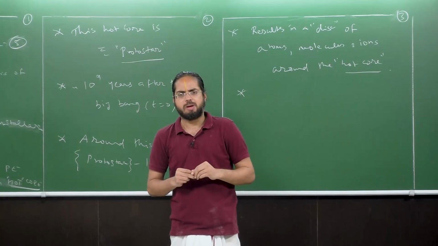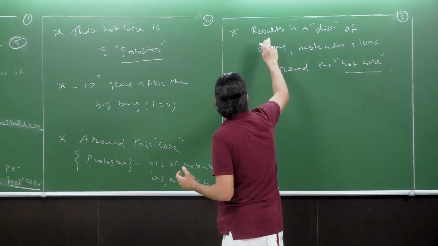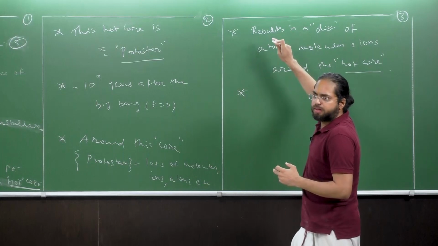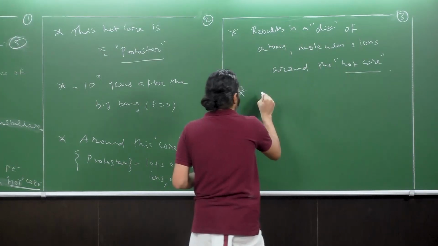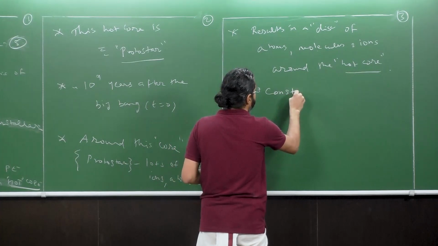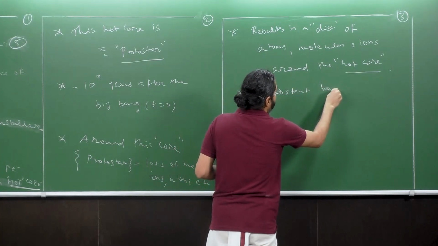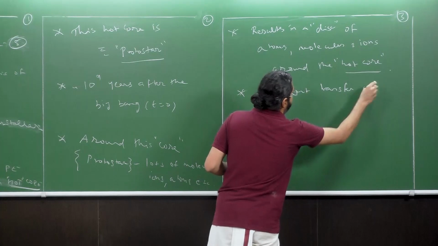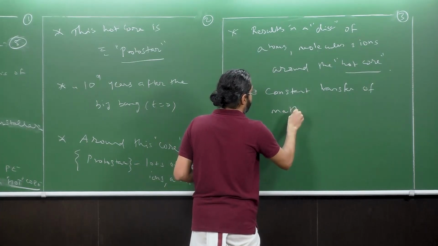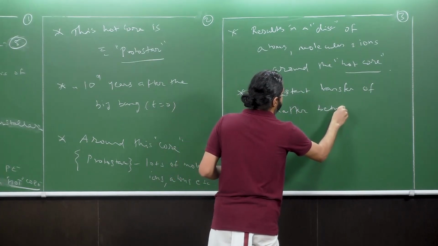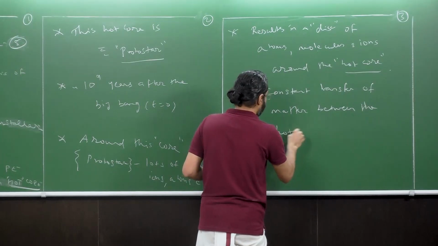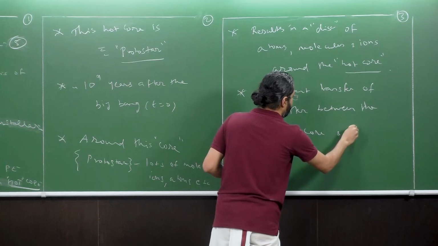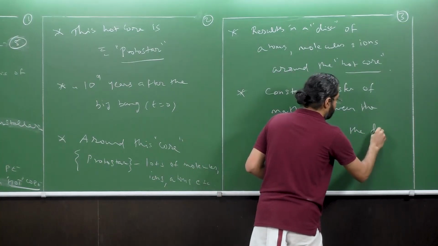Now, once this disk of molecules is formed around the protostar, there is a constant transfer of matter between the hot core and the disk.